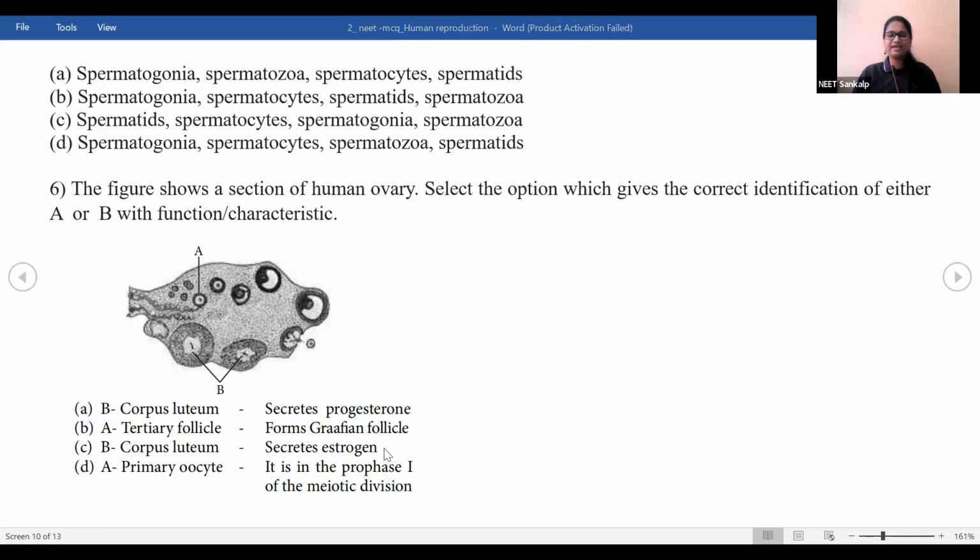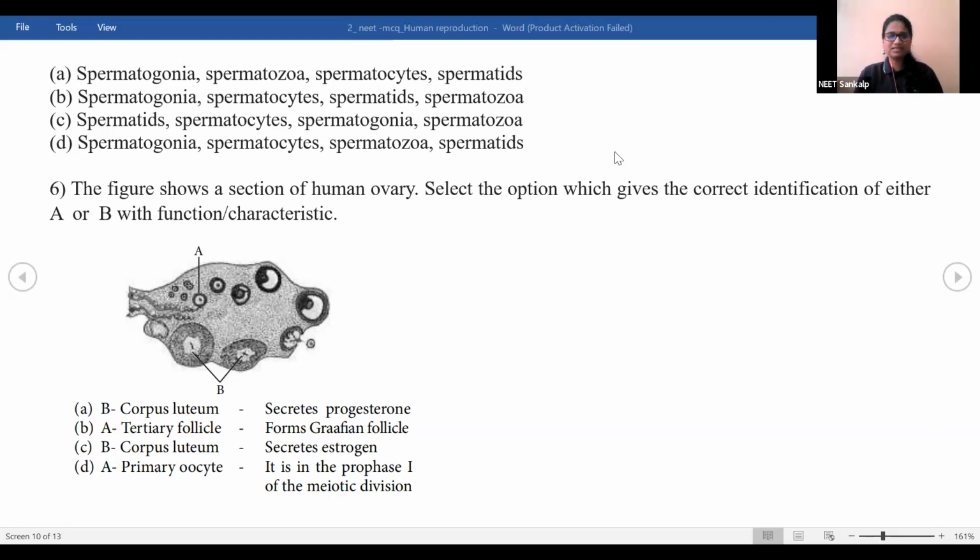How does sperm formation happen? Manikantha answered it. Good. Priyanka, good. What about others? Anvita, good. Nagini, option D. Netravati, okay, fine.